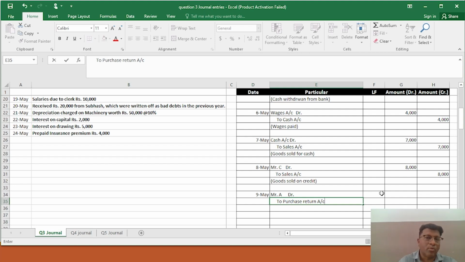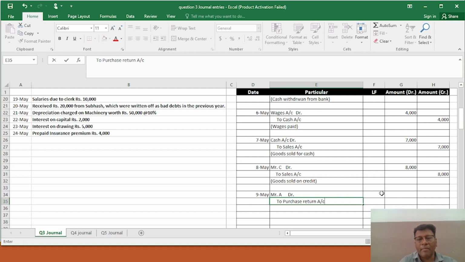There is no particular rule that you have to mention the goods. You have to use the term purchase return or sales return, because in the case of purchase and sales you write purchase or sales in the journal entries. The same case is here when you are returning the goods, so it would be called purchase return.